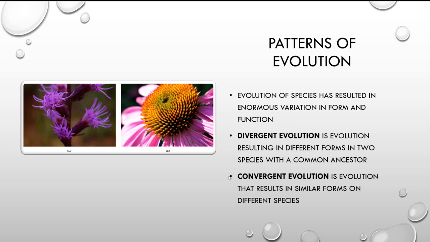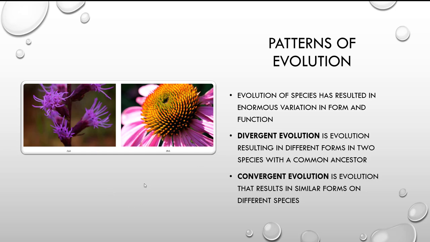They came from the common ancestor, but this one has a mutation that produces a coloration and evolutionary strategy that pollinates it at night versus during the day. So it evolved over time to form two different species. So that's divergent: one species splitting into two species.